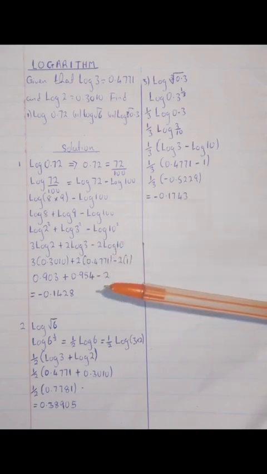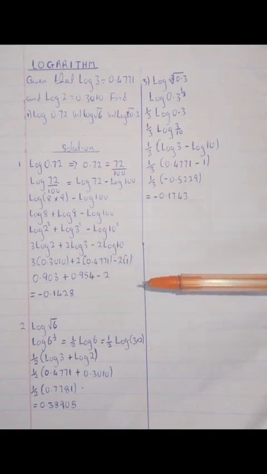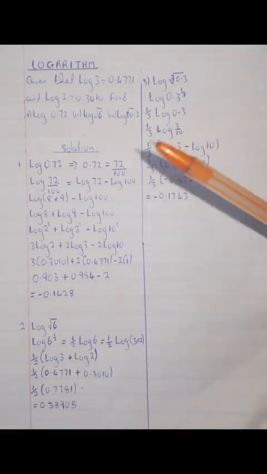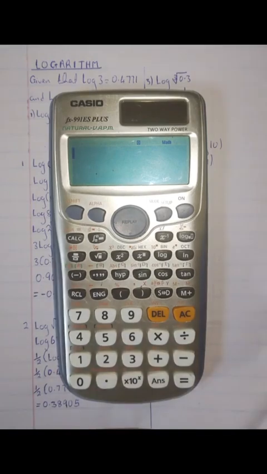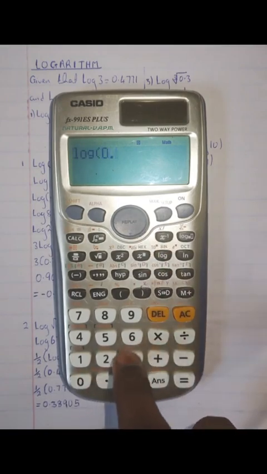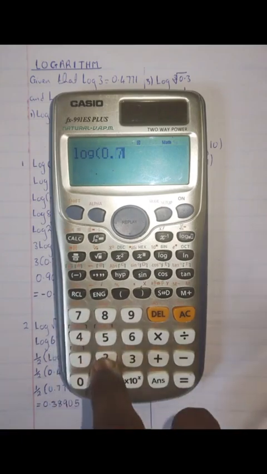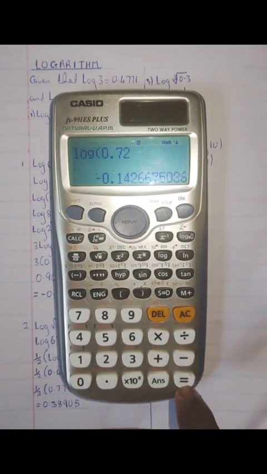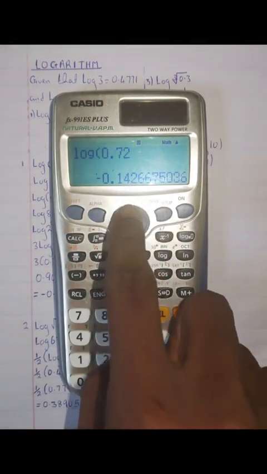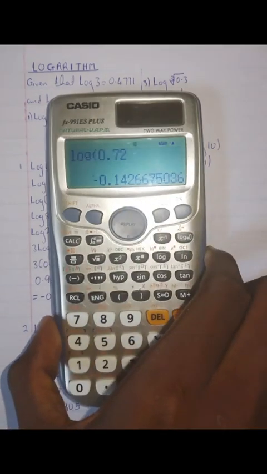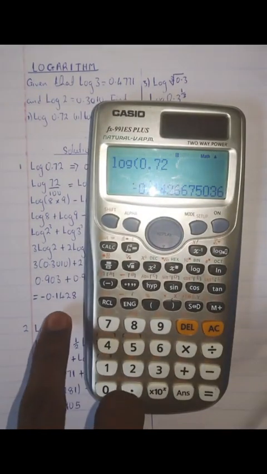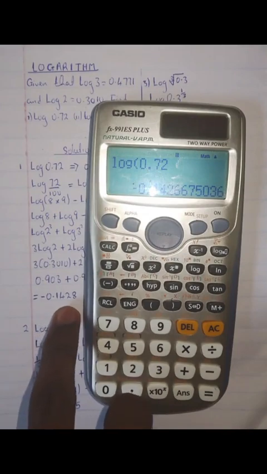Now let's cross check using our calculator. Let's see if we have the same value as the calculator. The first one we have is log 0.72, and you can see our answer minus 0.426, and if you check here, we have minus 0.428. Let's check the next one.